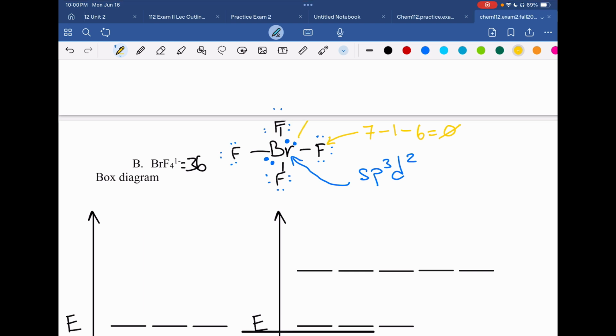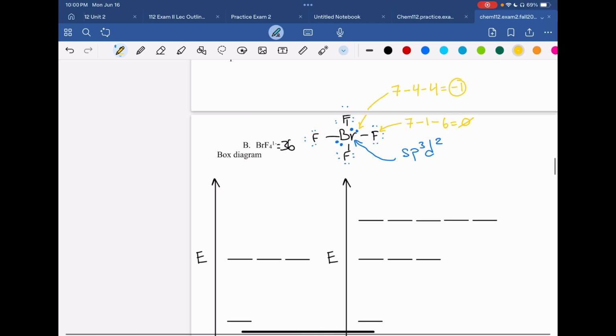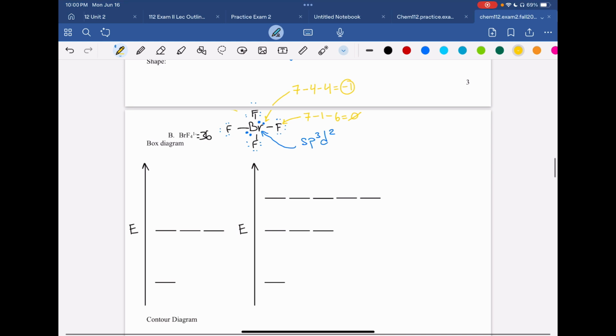Your bromine, remember bromine is also 7, minus 1, 2, 3, 4, minus 4, that should be minus 1. Okay, so because this whole thing is in brackets, right?